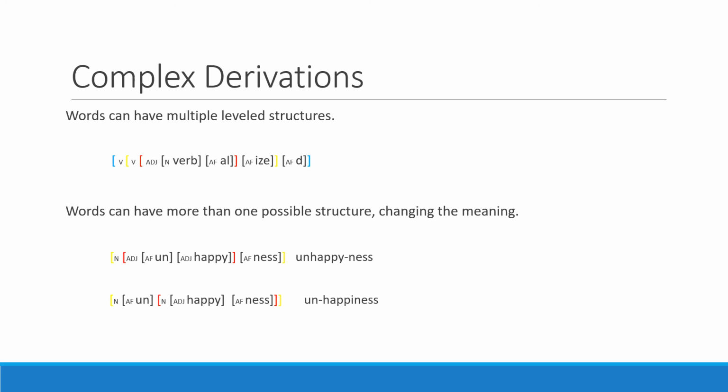Then the next one is happiness, and then it can turn it into unhappiness. And so that is not happy. So they're a little bit hard to explain, but the meaning becomes different. Unhappiness is different than unhappiness. So those are a little bit more complex, and there can be more than one way that you create those trees.